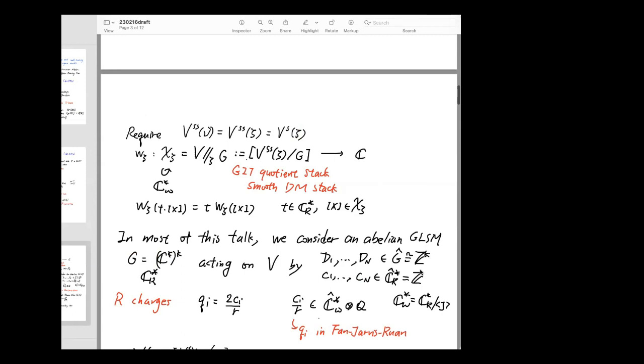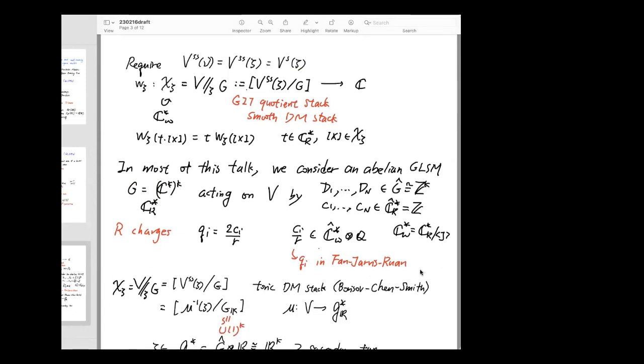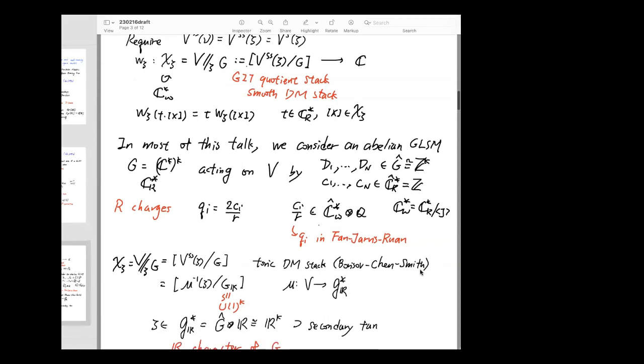Okay, so in the abelian case, this GIT quotient is a toric Deligne-Mumford stack in the sense of Borisov-Chen-Smith. It's a smooth toric Deligne-Mumford stack. It can also be presented as a symplectic quotient. Here, G_R is the maximal torus, and μ is the moment map of the Hamiltonian action of this maximal torus. The target of the moment map is the dual of the real Lie algebra.